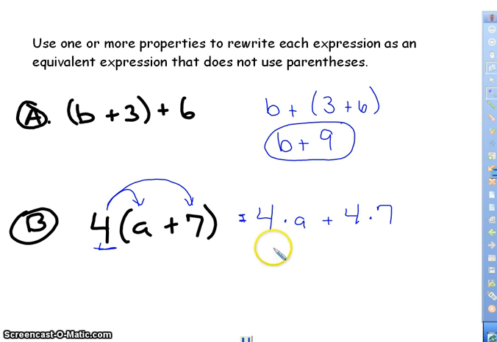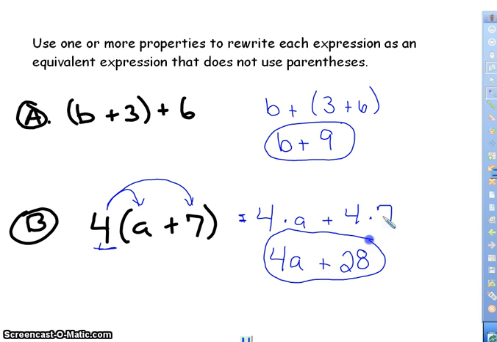I don't know what 4a is, so I'm going to keep that alone. But I know 4 times 7 is 28. So this is my simplified expression. Remember, you cannot solve expressions, so I'm leaving these alone. Okay, I'm not going to put 9 times b or 9b because this is addition. I'm not going to combine these together because I don't know what a is. All right, so these are my solutions.